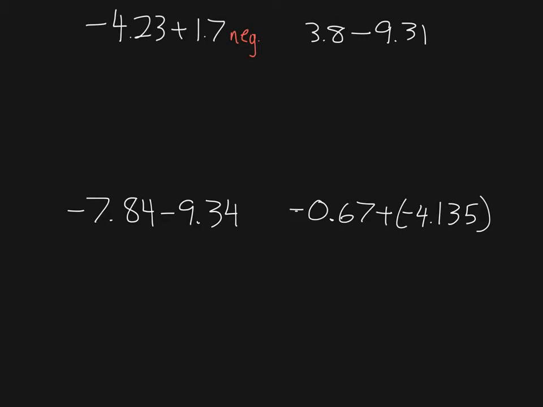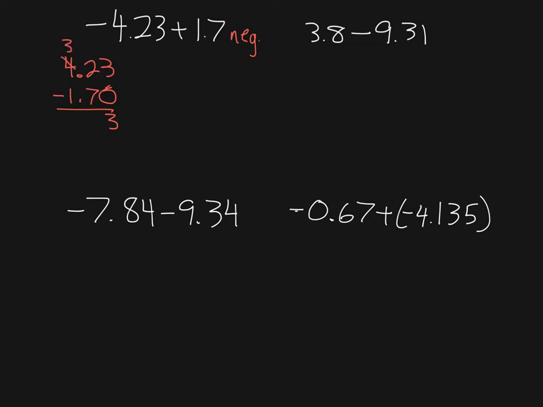Now 4.23 minus 1.7. When we're doing addition and subtraction with decimals, we have to make sure that we line up the decimal places in the two numbers. And any digits we're missing, we can just add a 0 because 1.70 is the same as 1.7. And this is subtraction. So we have 3 minus 0, that gives us 3. 2 minus 7, I can't do that, so I have to borrow from this 4.